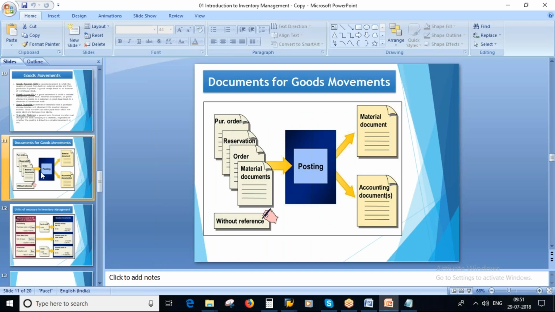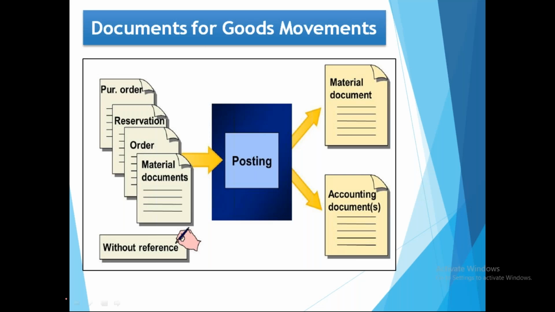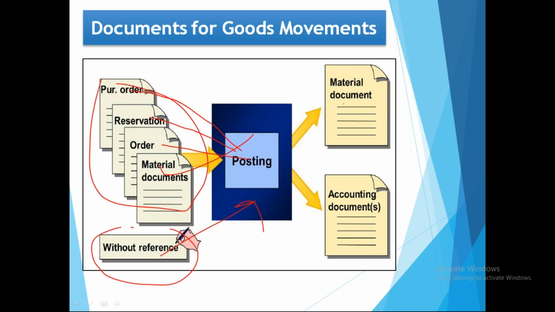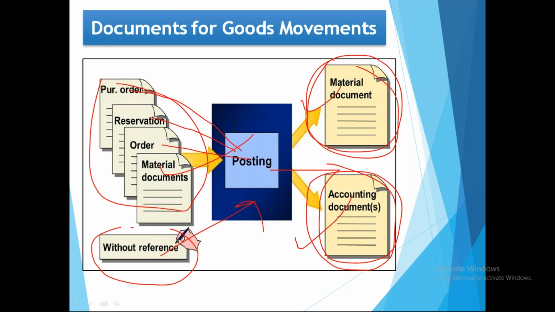Now whenever you do goods movement, what types of documents are generated? Whenever you do any goods movement, like GR with respect to a purchase order, or issue of material to a reservation, or GR to a production order, with reference to a document or without reference to a document, the system will generate two documents: material document and accounting document.